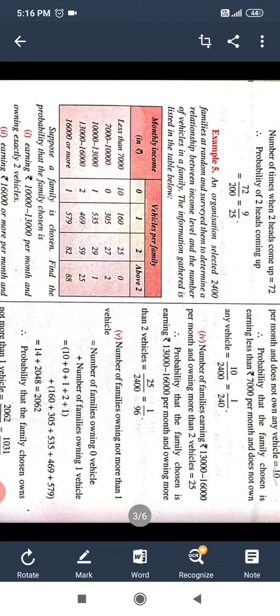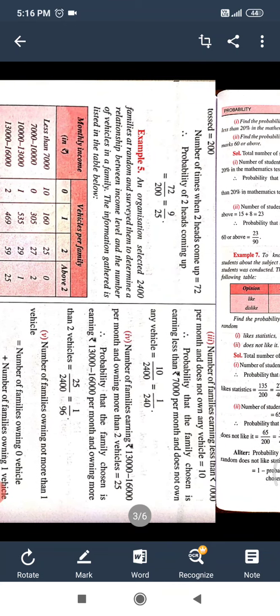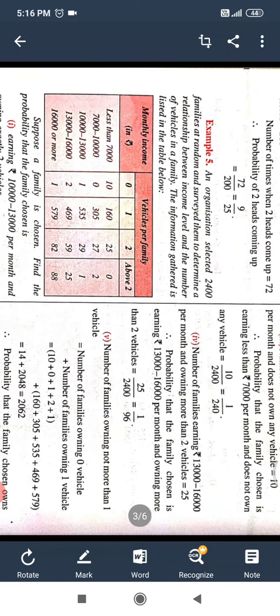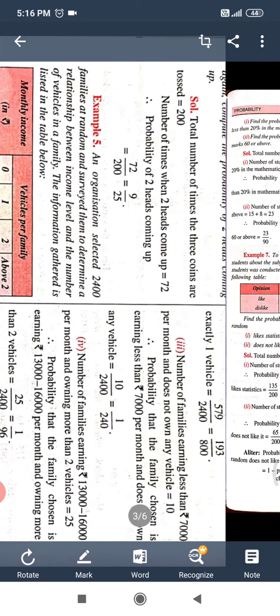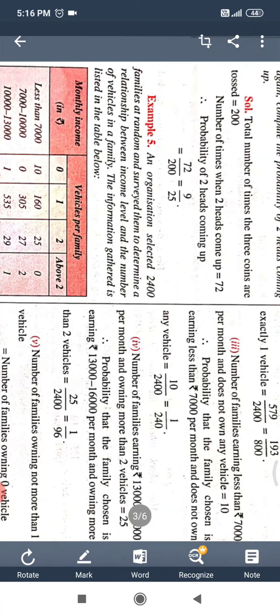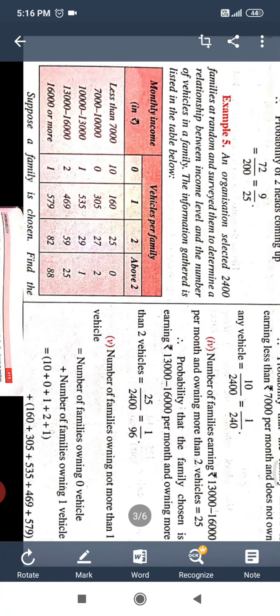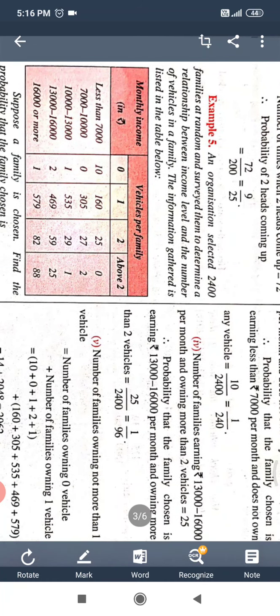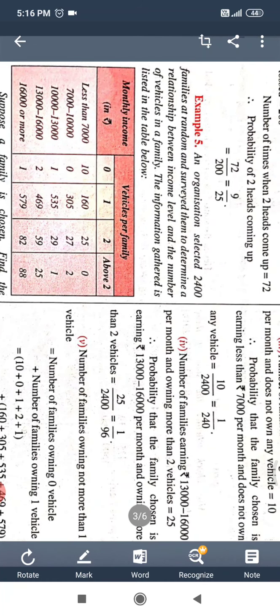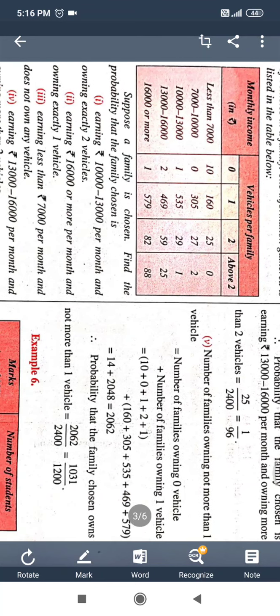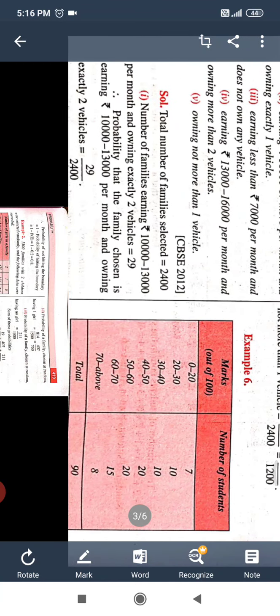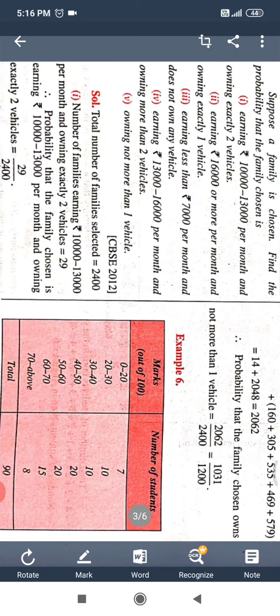Now see, first number: families earning less than 7,000 to 10,000. Suppose the probability that a family chosen earning 10,000 to 13,000 per month and owning exactly 2 vehicles equals 29.